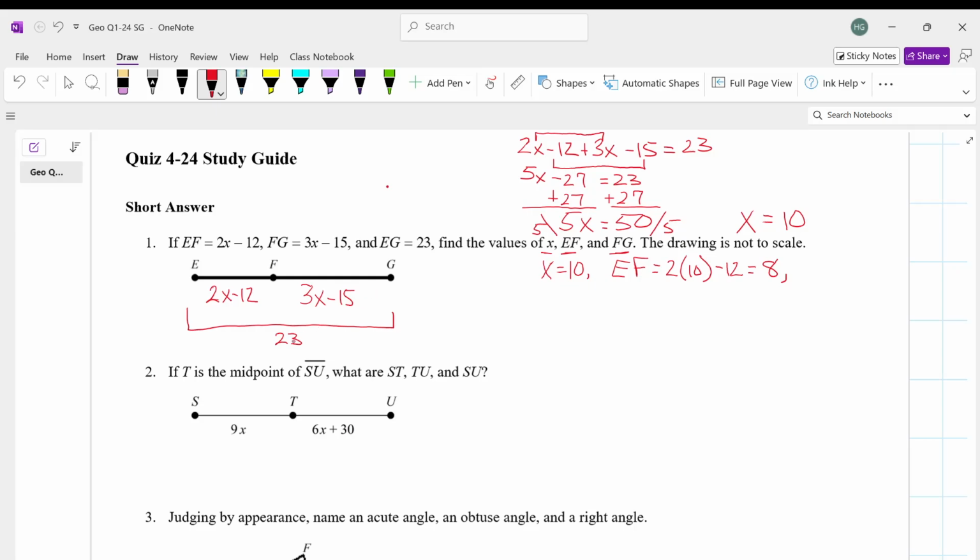You can either take 23 and subtract 8, which would be 15, or you can say FG is equal to 3 times x, which is 10, minus 15. And 3 times 10 is 30, minus 15 is 15. So here's your x, here's your EF, and your FG.